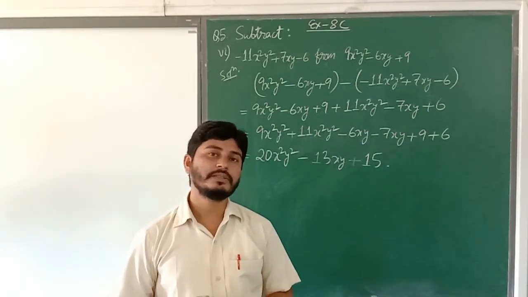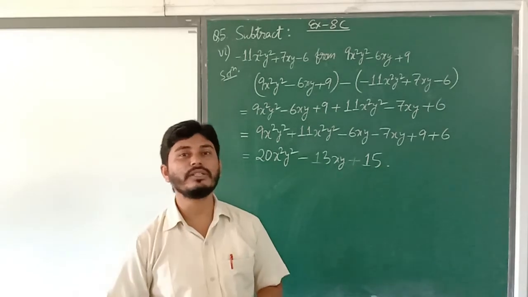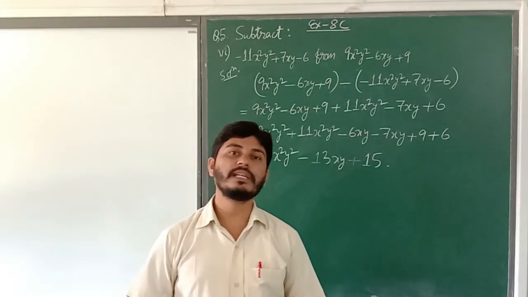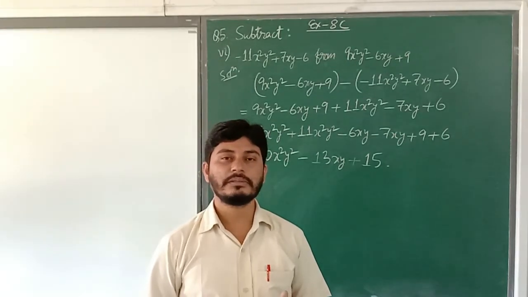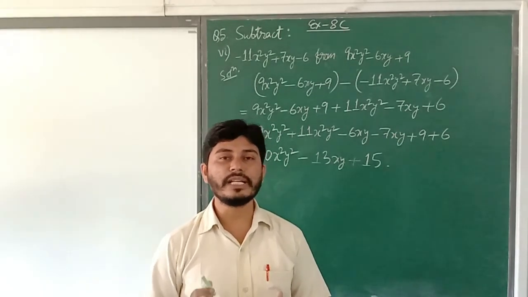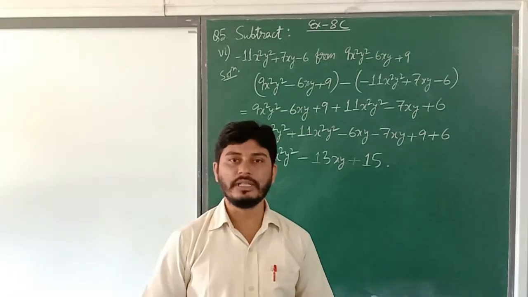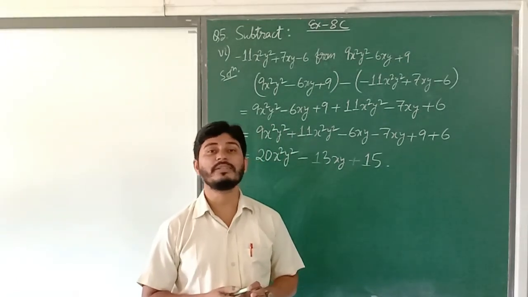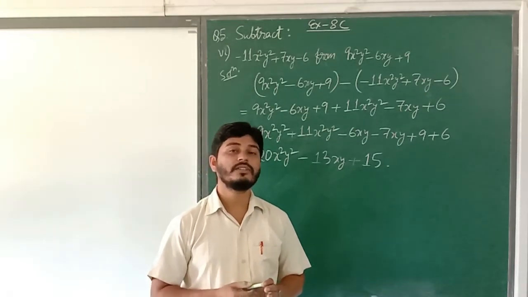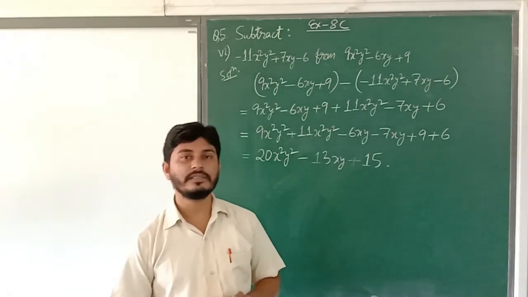In the next class I will be showing you some more example sums where we will be solving sums containing both plus and minus together. We will do simplification of algebraic expressions. So from this class, that's it. Thank you.